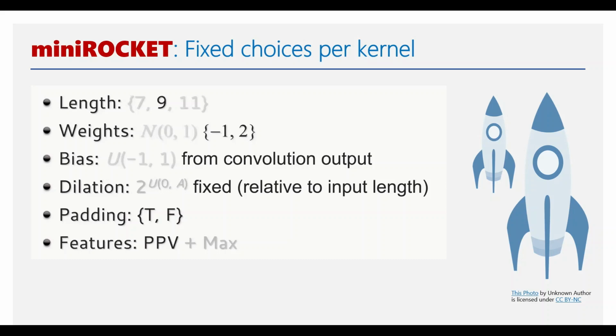The weights are now generated to have only 2 values, either -1 or 2. So randomly initialize it and then pick a threshold. Anything above the threshold is -1 and below the threshold is 2, or vice versa. The bias will be picked from the convolution output, dilation again is relative to the input length, the padding stays as it is, and the only feature here will be the PPV. They don't extract the maximum value within MiniRocket.